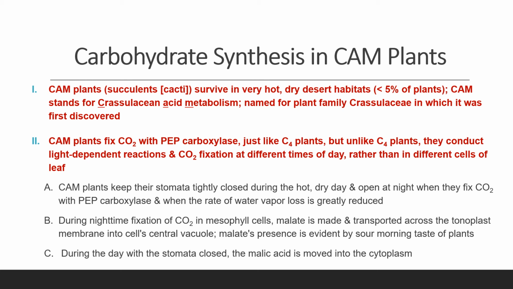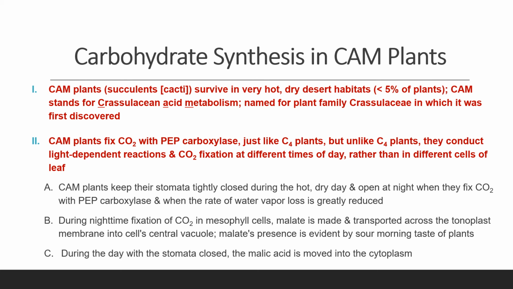CAM species carry out light-dependent reactions and carbon dioxide fixation at different times of the day rather than in different cells of the leaf. In other words, evolution has followed two different pathways in overcoming the problem that photorespiration poses as it decreases photosynthetic efficiency. CAM plants keep their stomata tightly closed during the hot and dry day and open them at night, when they fix carbon dioxide with PEP carboxylase and the rate of water vapor loss is greatly reduced.